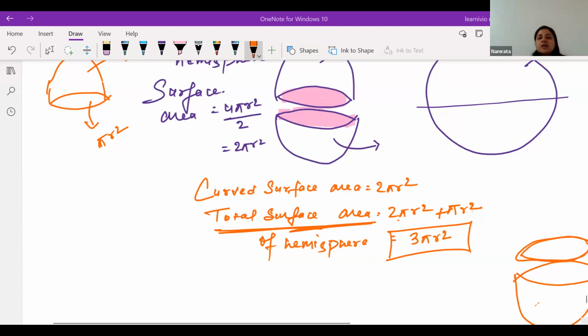So this is the formula for total surface area of the hemisphere. For a sphere, there is only one formula.